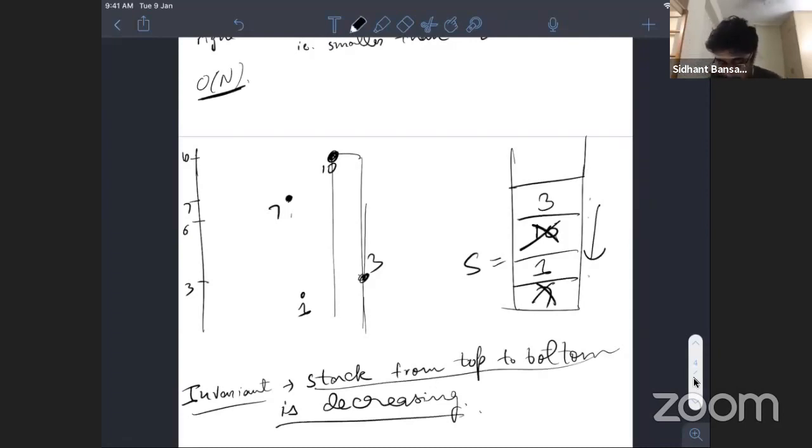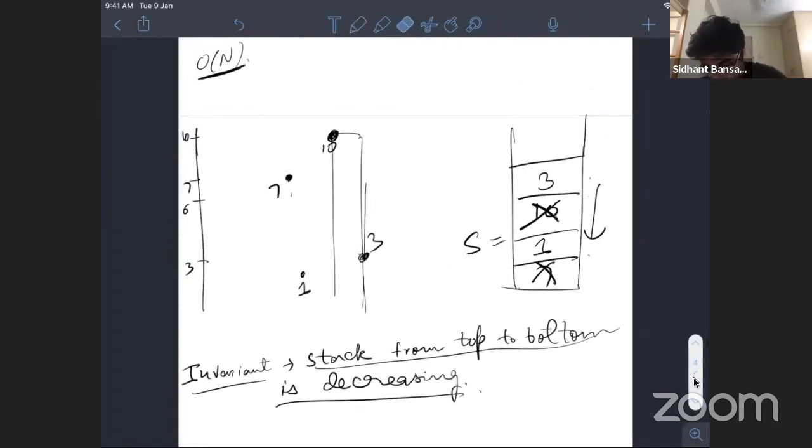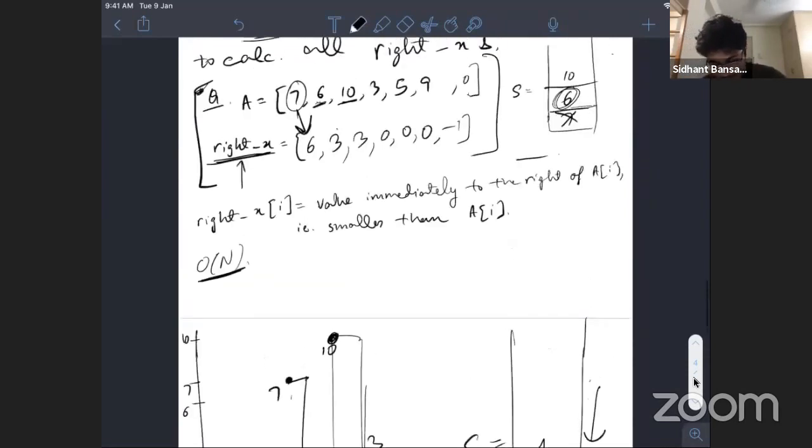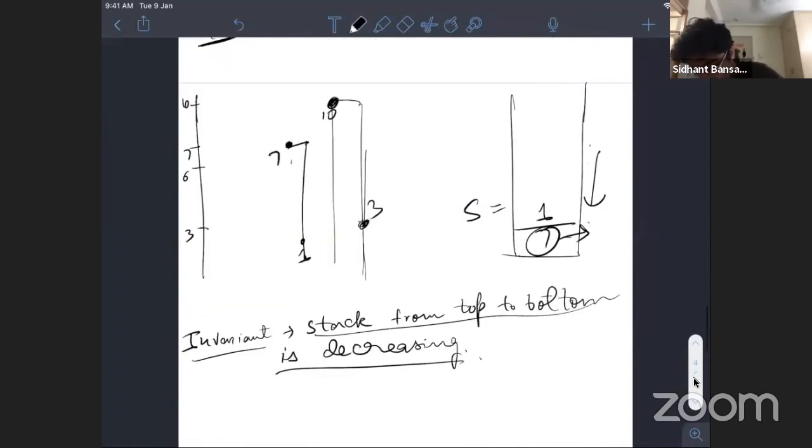And notice whenever you're popping things out, when I had 7 inside and then I saw 1, when I was popping out 7, I updated its right x to 1 at that time only. That is, the right x of 7 is 1.